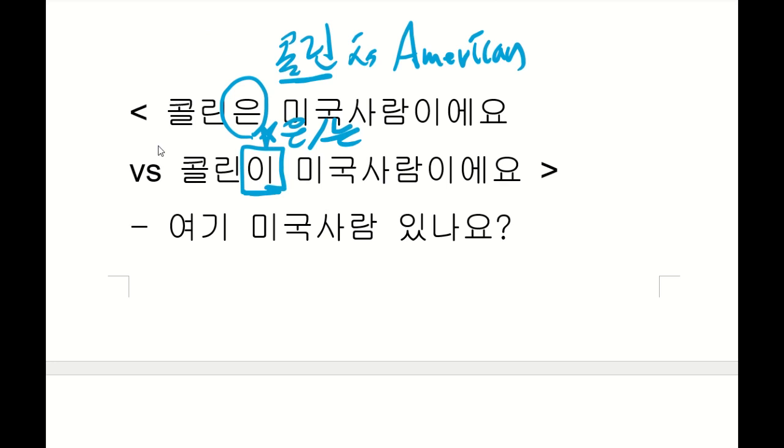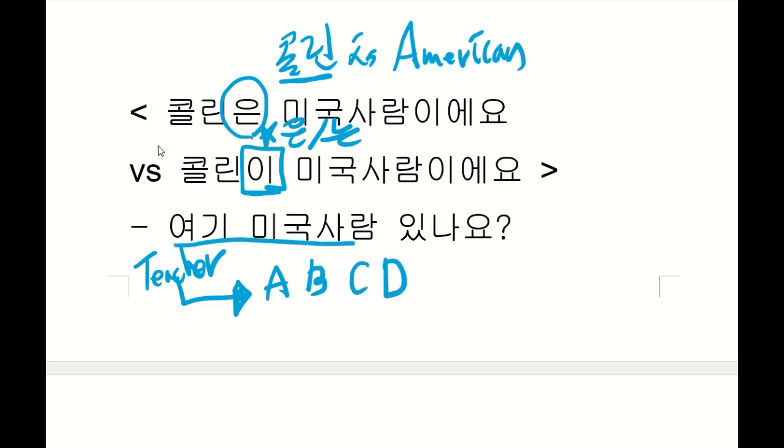Subject marking particle. Why do we use this one? Imagine a situation in class. There are a bunch of people, A, B, C, D, and the teacher asks these people if there is any American here. 여기 미국 사람 있나요? Is there any American here? And then B points at A and says Colin is American.